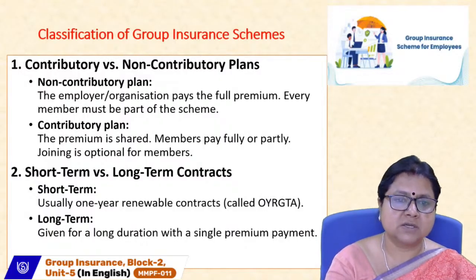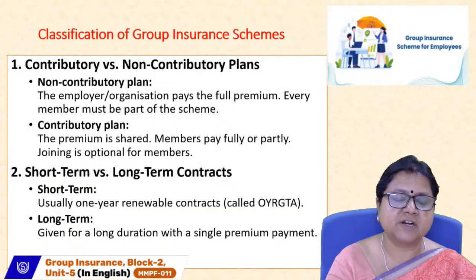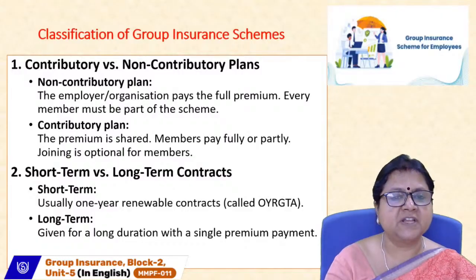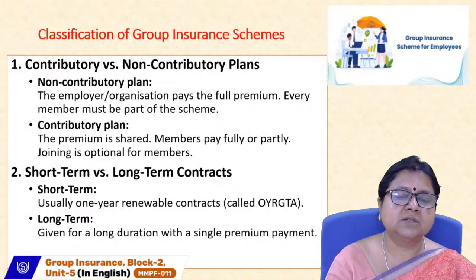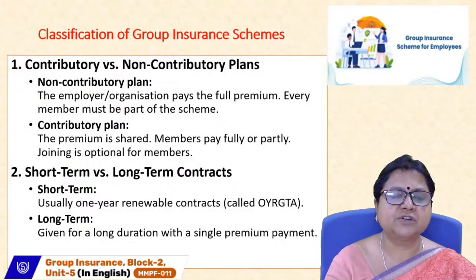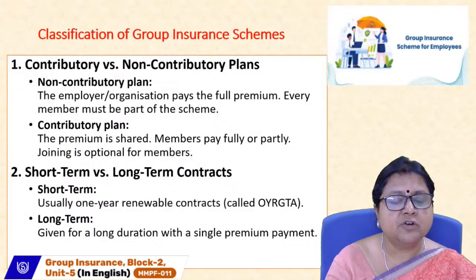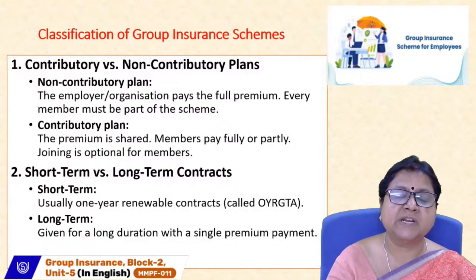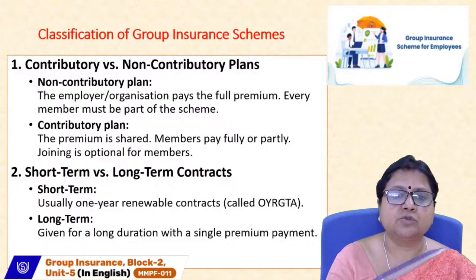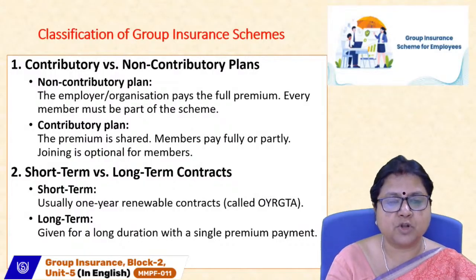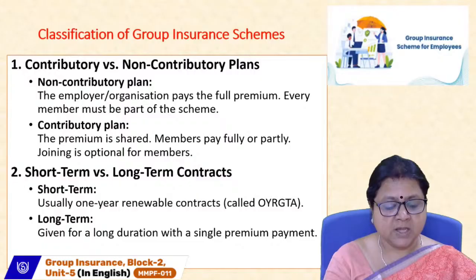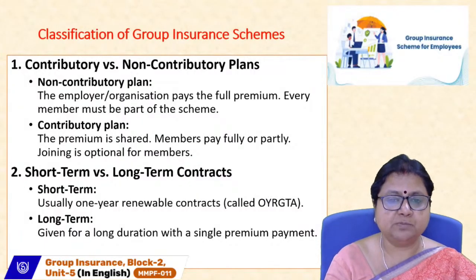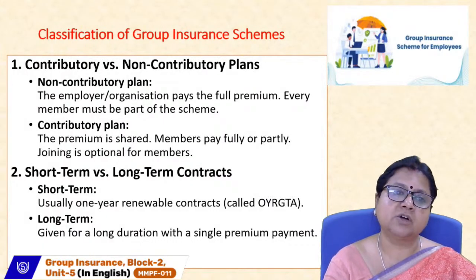Suppose 500 rupees is the premium per employee, and there are 50 employees. Every month or every year the organization will pay 500 into 50. The entire premium amount will be paid by the company. So that is a non-contributory plan, in which the policy holder is the organization, the beneficiaries are the group of employees, and the premium is paid completely by the organization to the insurance company.